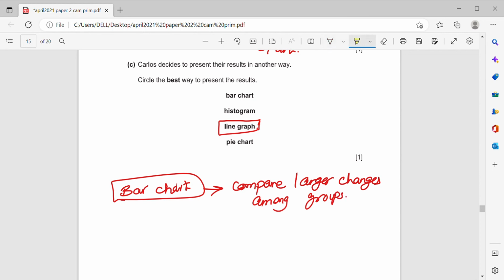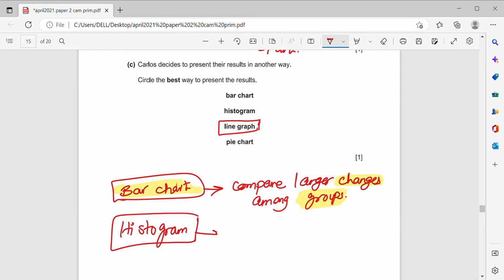So if I have changes among groups, I use the bar chart. When do I use the histogram? I use the histogram to represent quantitative data.